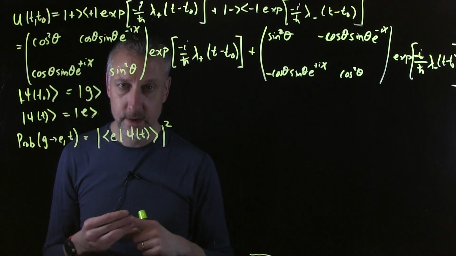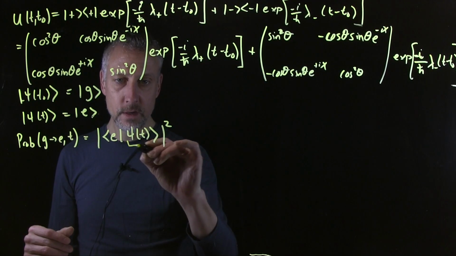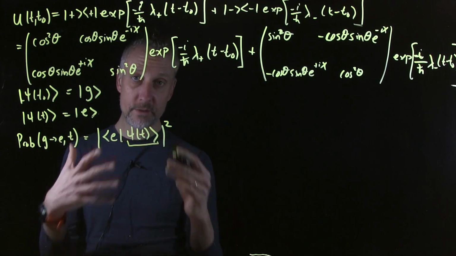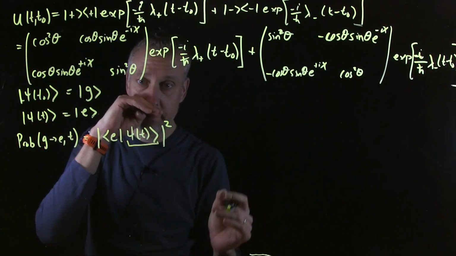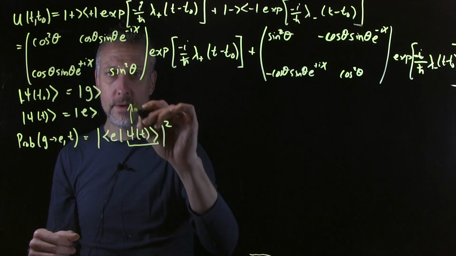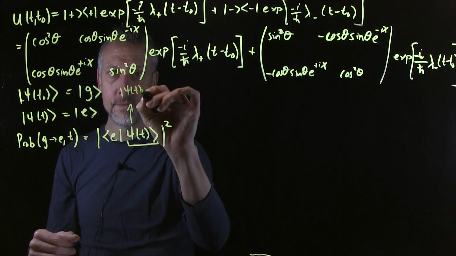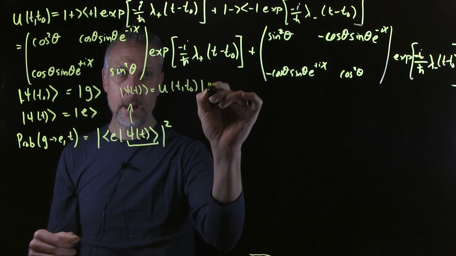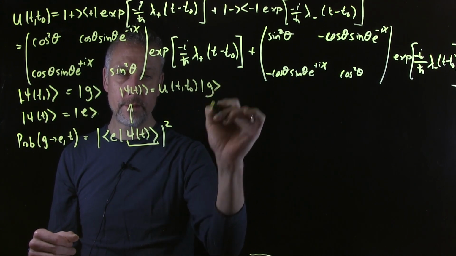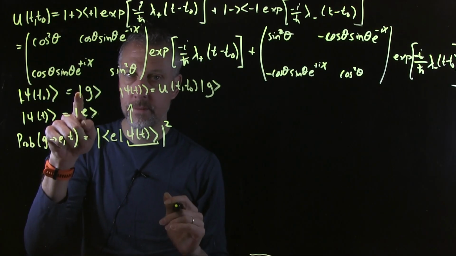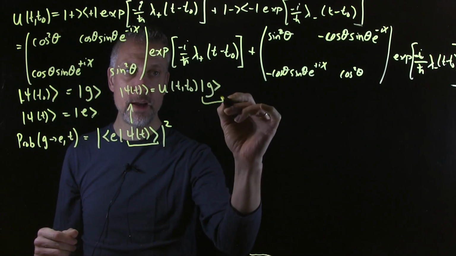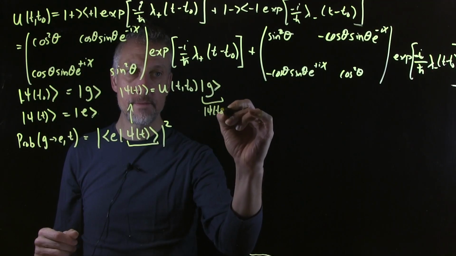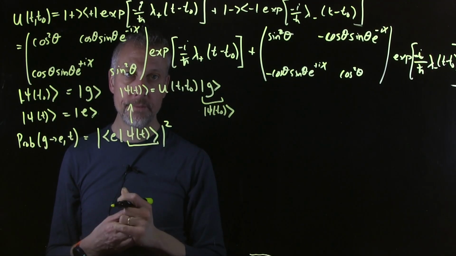Okay, that's what we need. This we know. We worked very hard to find the time evolution operator. Well, if we know that, then psi of t is nothing other than U(t, t0) operating on G, because that was the state we started with. So this is psi of t0, the ground state.